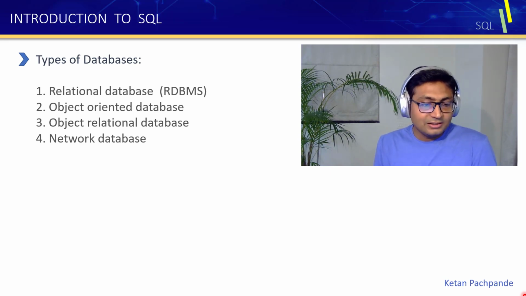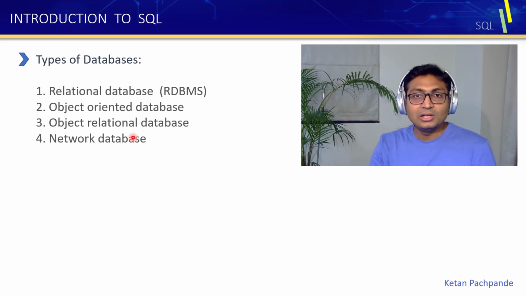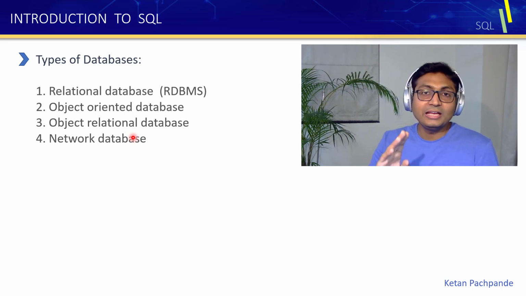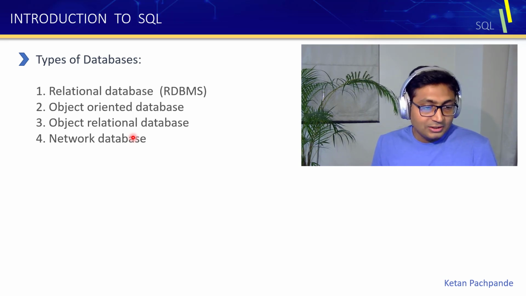There are other types of database called object-oriented database, object relational database, network database, etc. As a part of this course, we are learning SQL, which is used to manipulate data of the relational type. I'll talk a bit more about the relational database, what is meant by the relational database, and then we will get started.